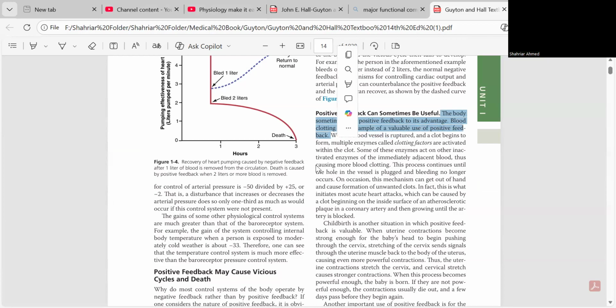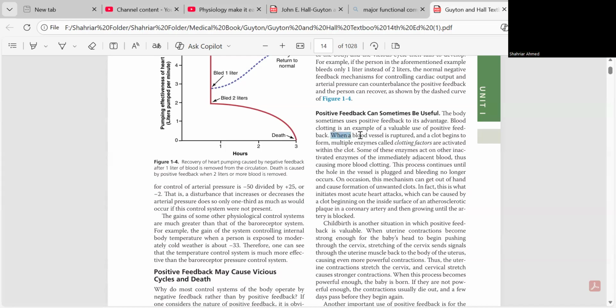That is, think you have been injured and the injured site is open and bleeding. Sometimes you will compress it, and after some time you will find that there is a clot and the bleeding has stopped. In this situation, positive feedback helps you to stop bleeding.